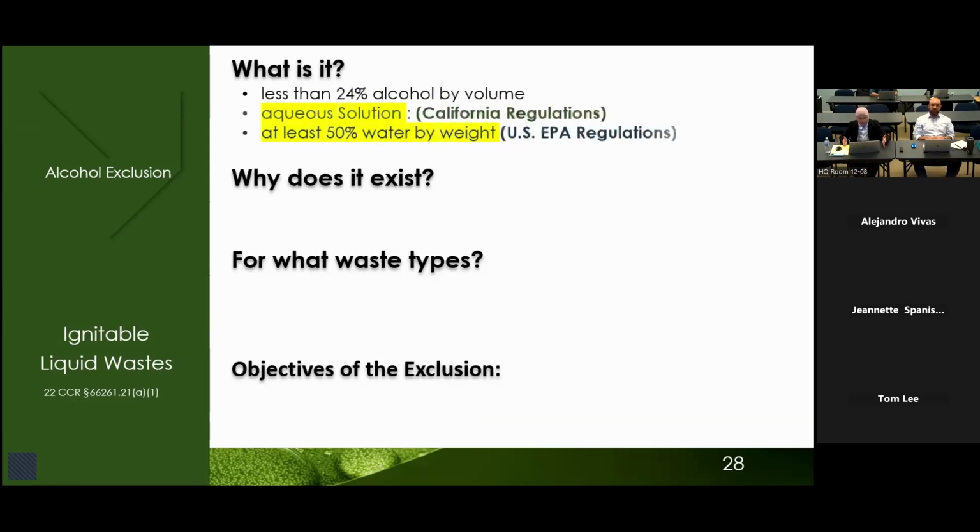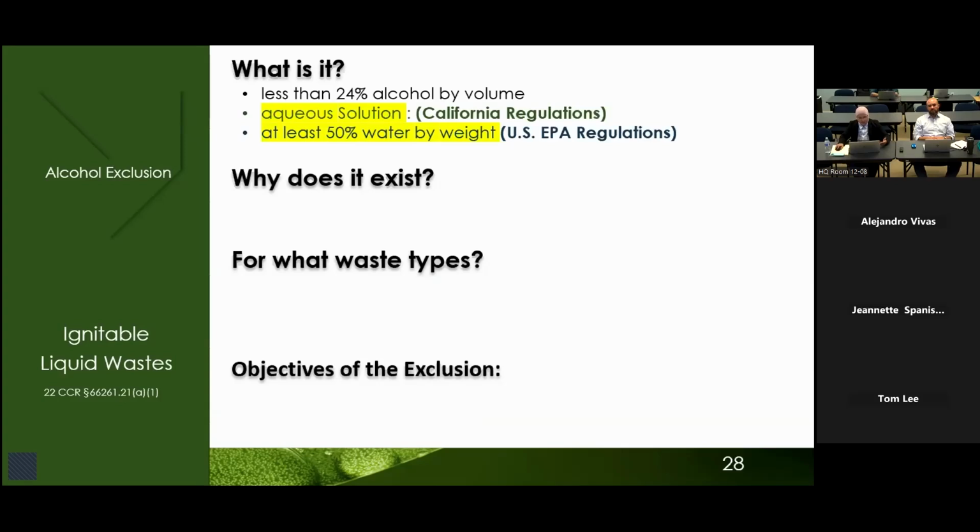So, what exactly is alcohol exclusion? As we mentioned earlier, it's a rule under both California and US EPA regulations that allows certain liquid waste that contains both alcohol and water to avoid being classified as ignitable hazardous waste. But not just any liquid with alcohol qualifies. There are specific criteria, like being water-based and staying under a certain alcohol percentage.